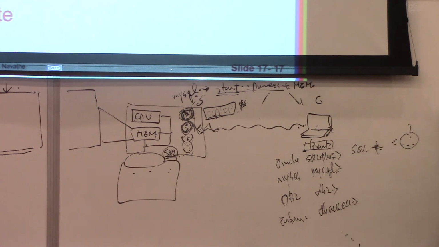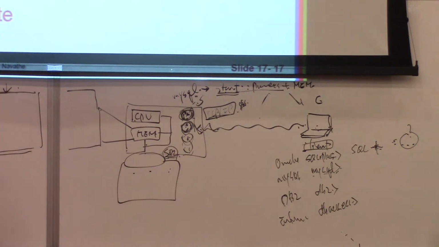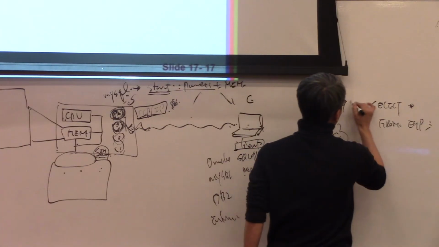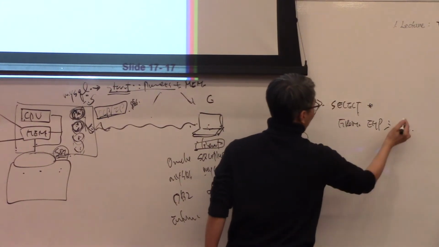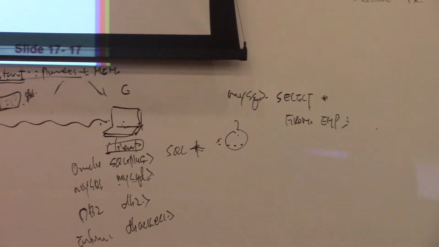Then I will just submit this simple query. During the query process and the query optimizer, we learned what happens when you submit this. Like in MySQL, when you press enter, it will be submitted to the server. What happens?